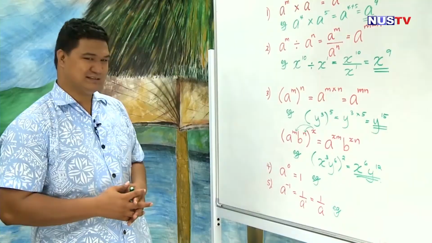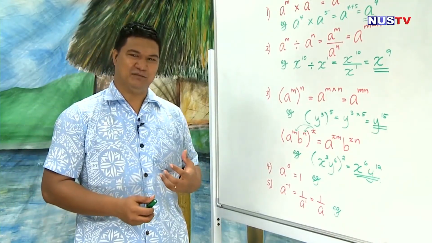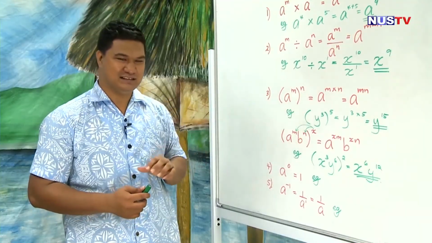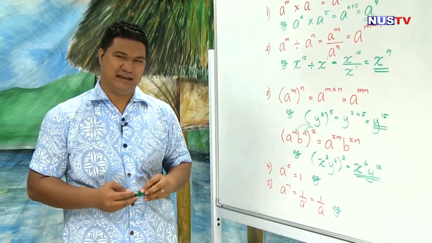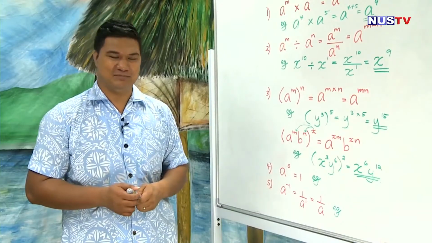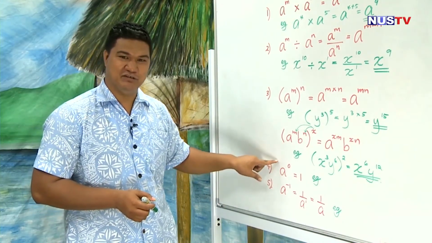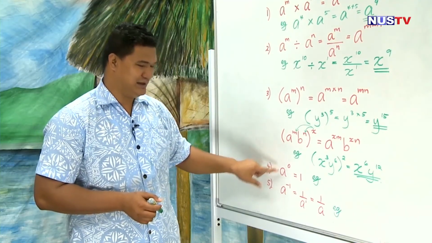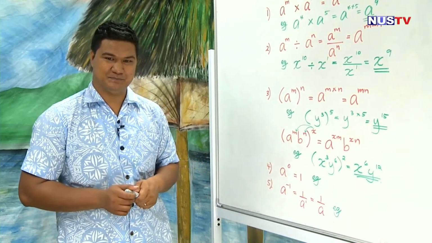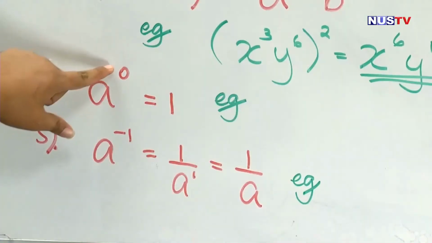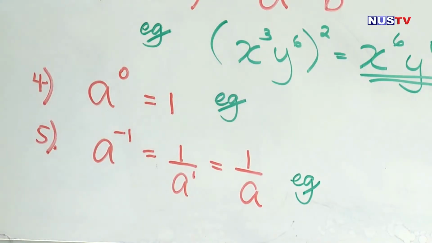The last two cases are basically not what we call rules. The first three are basically laws of indices. The last two are what we call special cases in maths. These two special cases are the zero exponent, or zero power, and the negative power. The first one: a to the power of 0 is equal to 1.